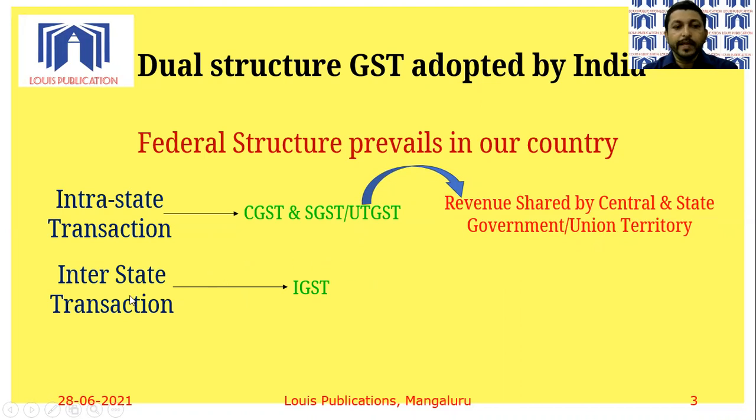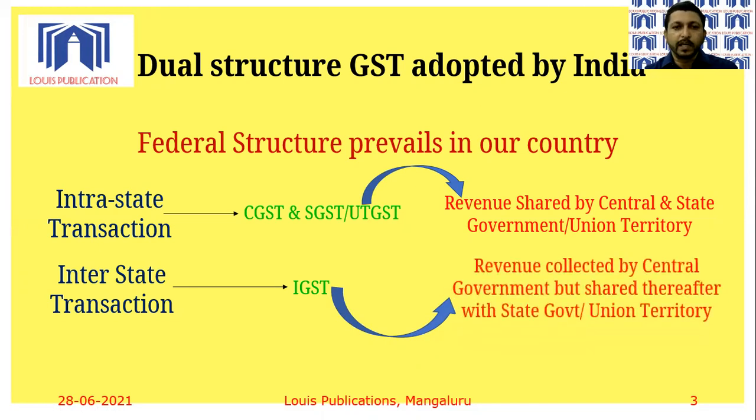Now, when we have an interstate transaction, where the buyer is from one state and the supplier is from another state, the applicable GST would be IGST. In this example, the supplier will transfer the entire amount of IGST to the central government, and the central government will share the revenue with the respective state government or the union territory where consumption has happened.